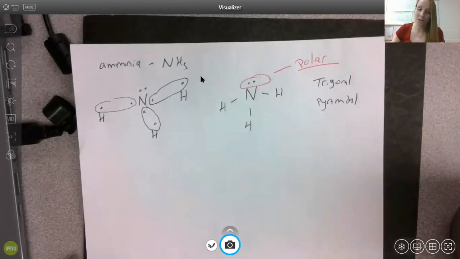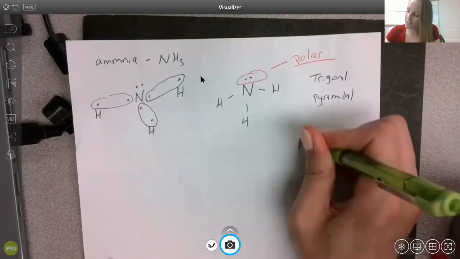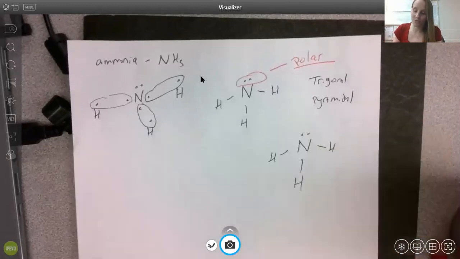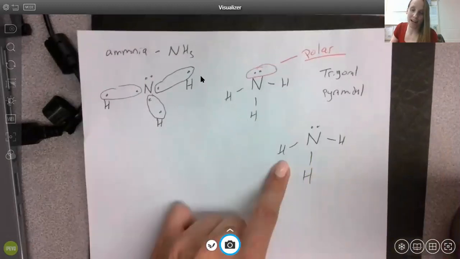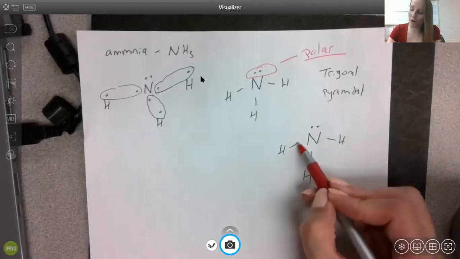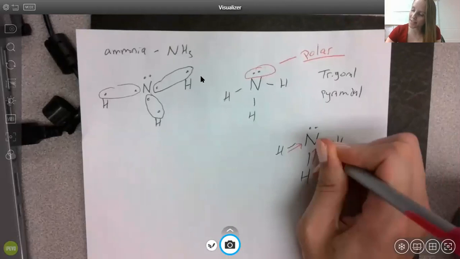Okay, if I said draw the polarity of this molecule, I'm just going to redraw it for a second here. So I would again just start by drawing it. I would then look on my periodic table and see that nitrogen is closer to fluorine than hydrogen is. That means nitrogen has a higher electronegativity. So within each of these bonds, the electrons would be getting pulled towards the nitrogen.